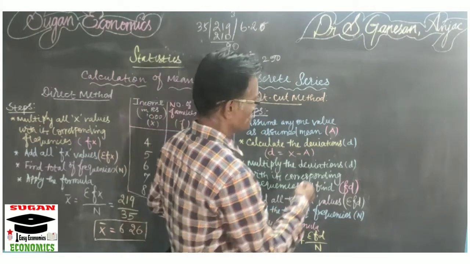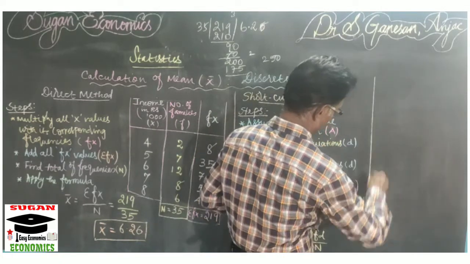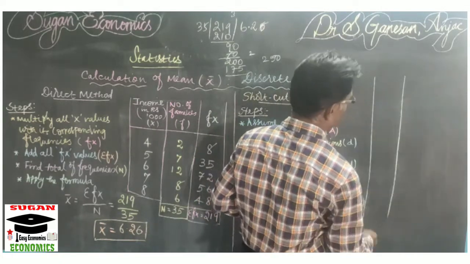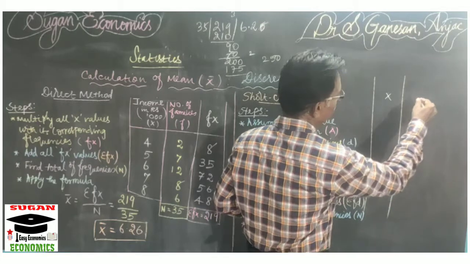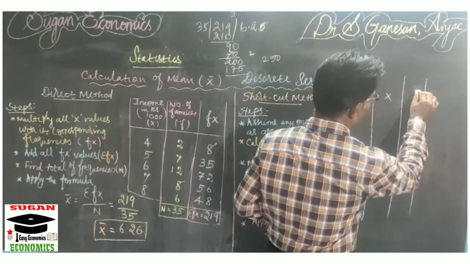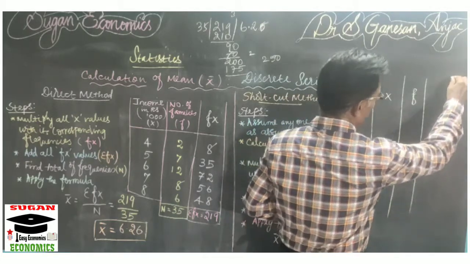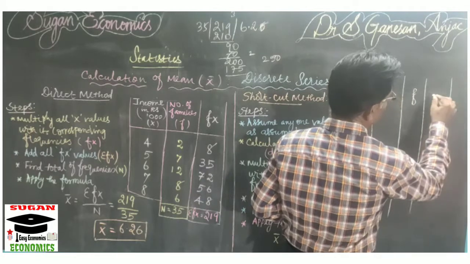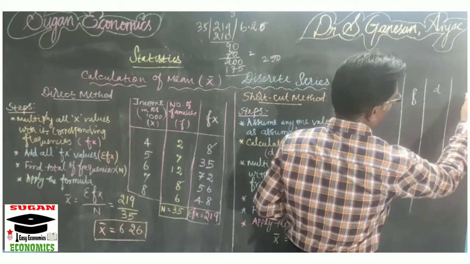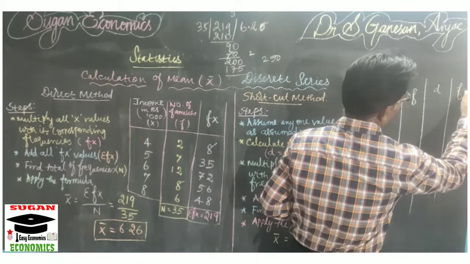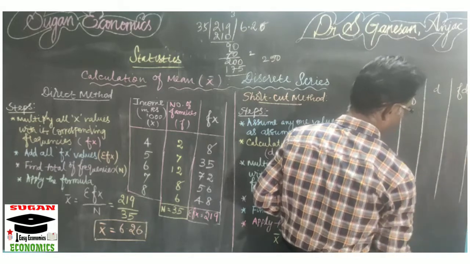Okay. Now I will take the same example and explain how we can calculate arithmetic mean by the shortcut method. So here, in the first column you take x value, in the second column you take frequencies, in the third column you take D value, and in the fourth column the FD value.